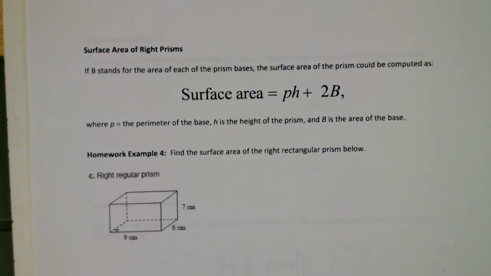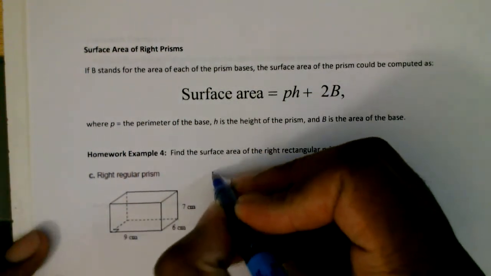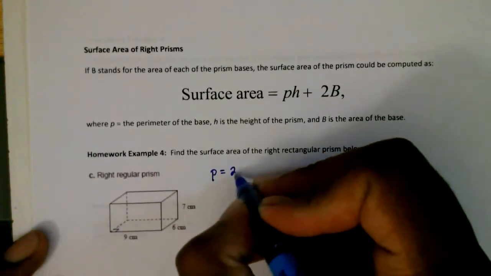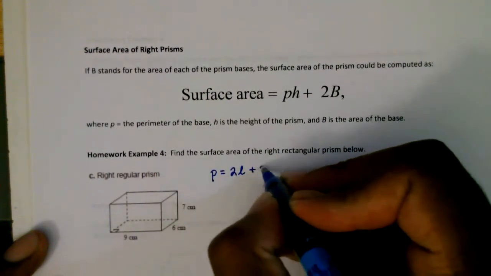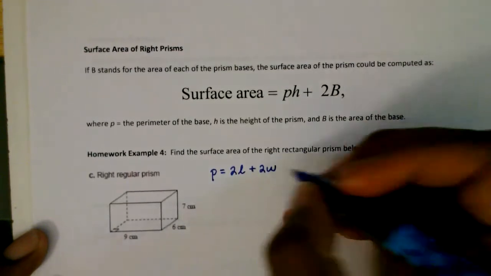Now, in this example here, let's say we want to find the surface area of the right rectangular prism below, okay? And the base, of course, is a rectangle, all right? So when you find the perimeter of a rectangle, that's always 2 times the length plus 2 times the width. So this will be your length, and this will be your width. Your length is 9 centimeters. The width is 6 centimeters.